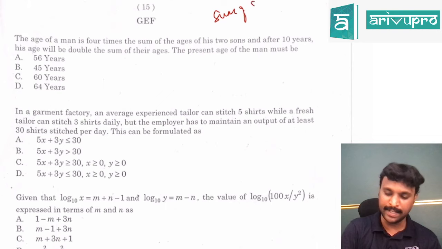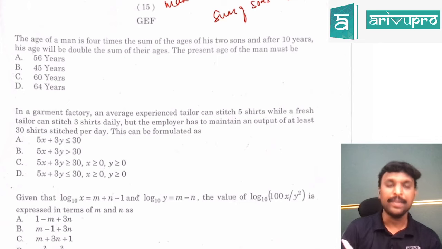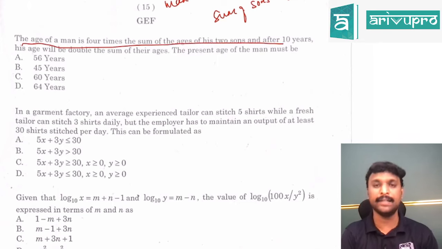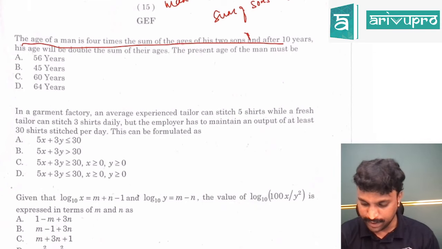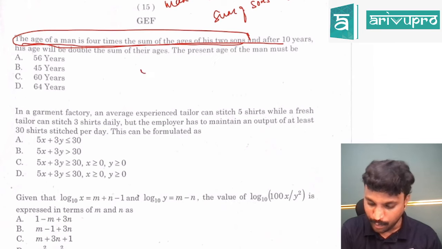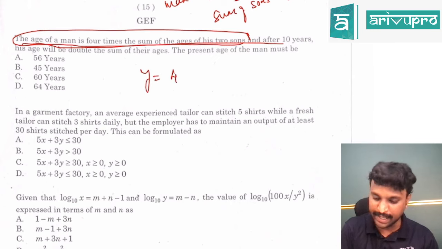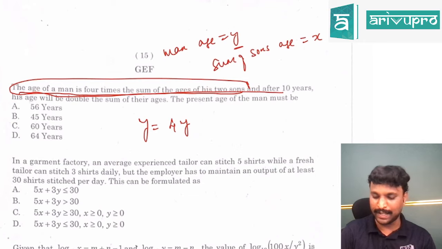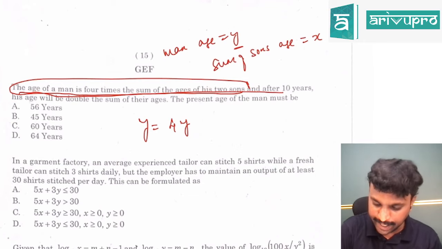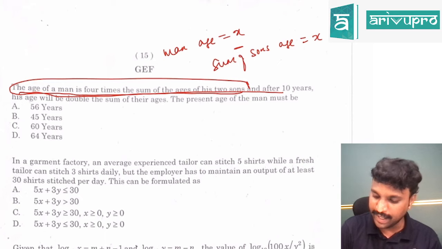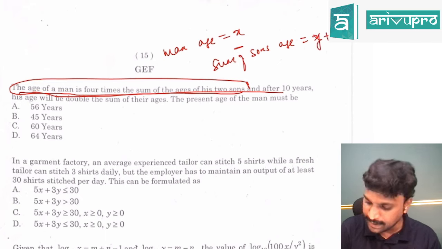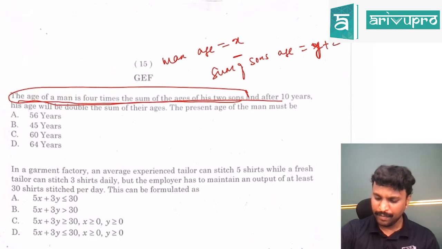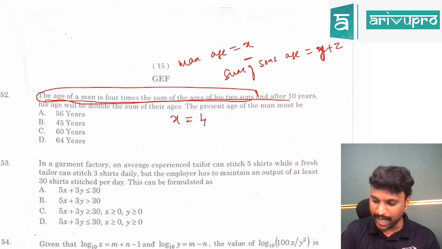Let the man's age be X, and the sum of the sons' ages be Y plus Z. Now from the first statement, X is equal to 4 times Y plus Z.